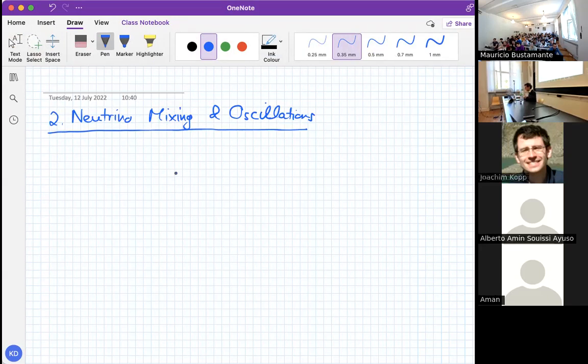So we are starting again by going a little deeper into the 3 flavor structure of the neutrino sector.